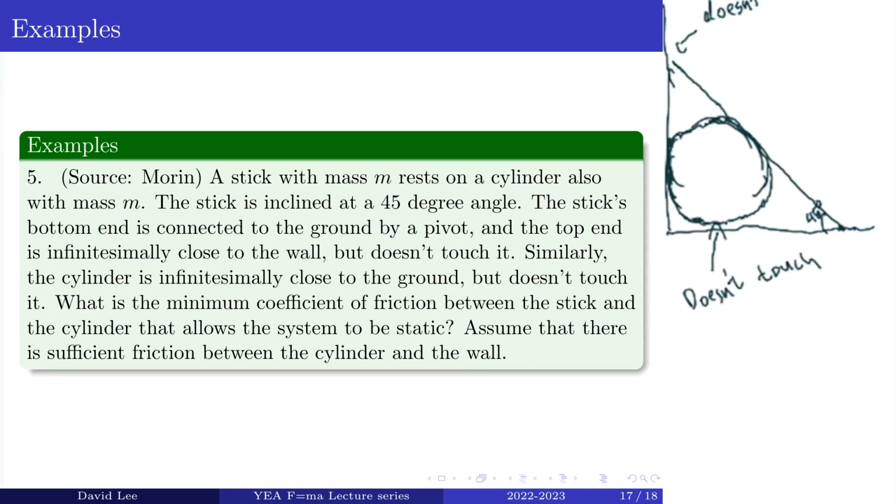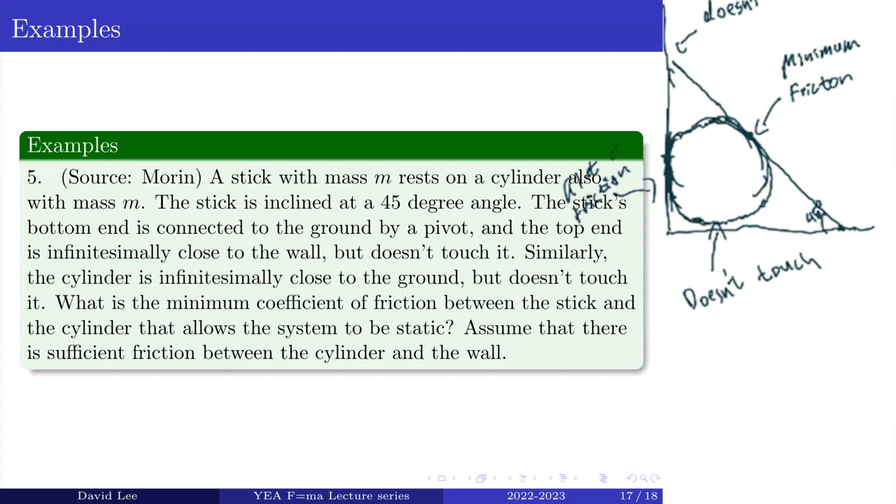So the question is, assuming that this surface has a ton of friction, so cylinder and wall, there's a lot of friction. Now, what is the minimum friction here so that the whole setup stays stable?